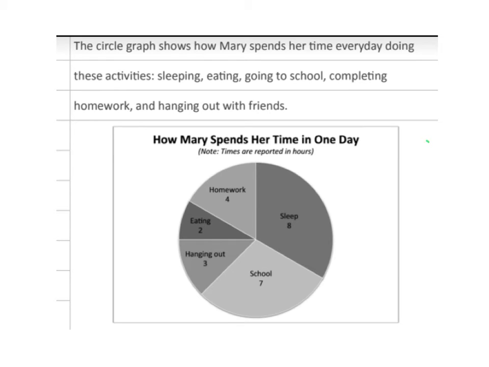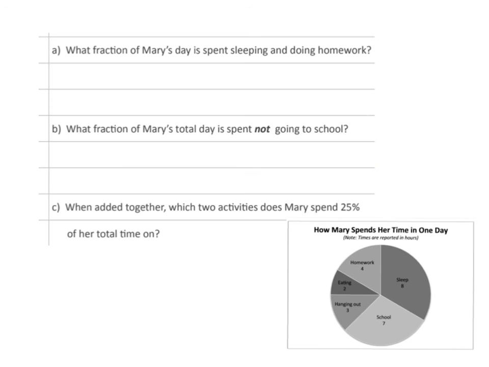Now, if we add all of these up, 8 and 7 and 3 and 2 and 4, I believe, let's see, there's 10, there's 20, we have 24 hours. So I know we have 24 hours in a day. So let's ask questions. I still have the graph down here. What fraction of Mary's day is spent sleeping and doing homework?